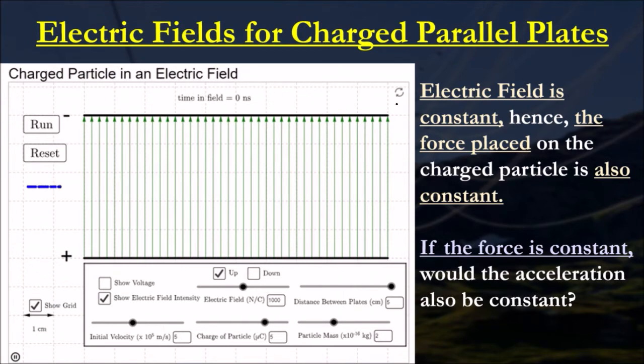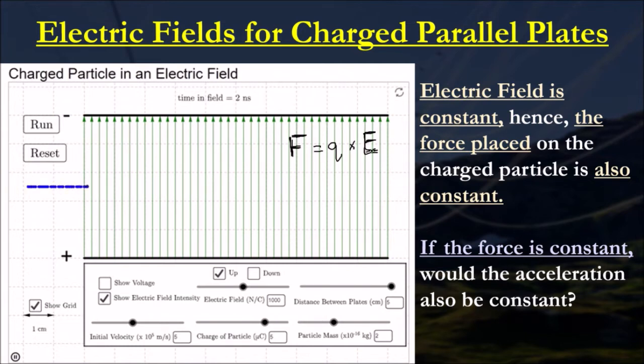Okay, now what we want to show is how charged particles interact in an electric field. So we know that the electric field strength is constant. Hence, if there is a force applied, it would also have to be constant. The reason being is we talked about force equals charge times electric field strength.